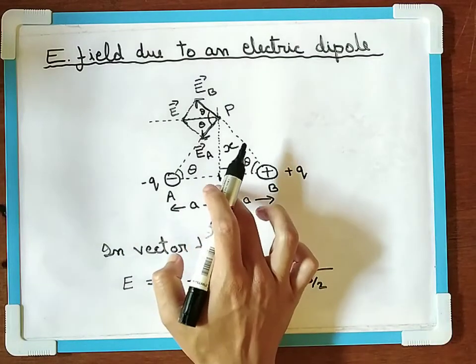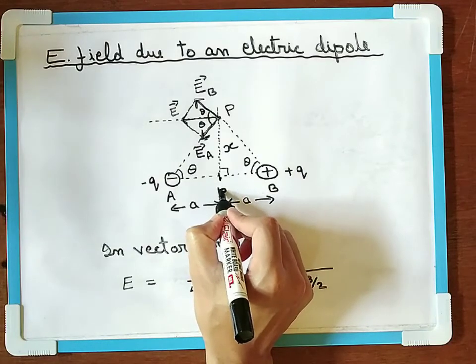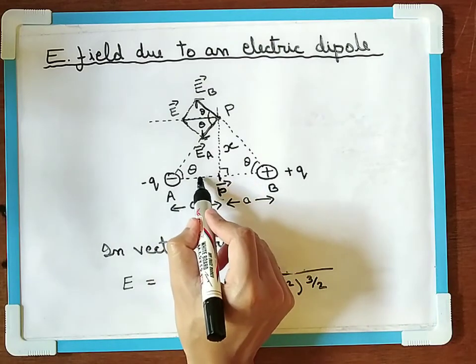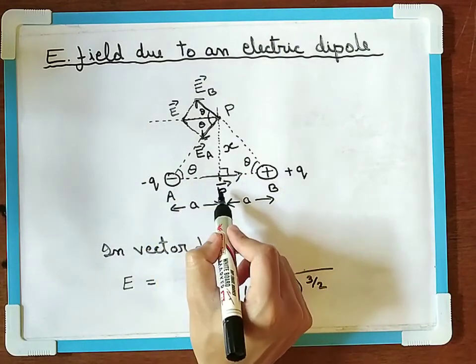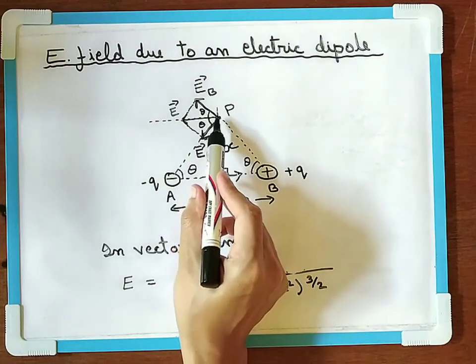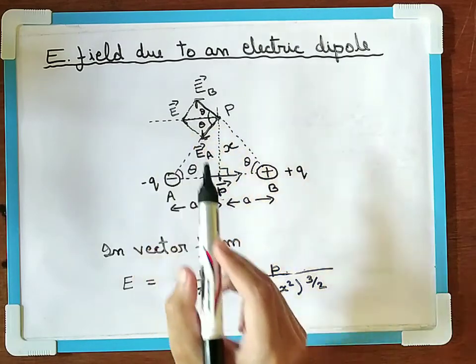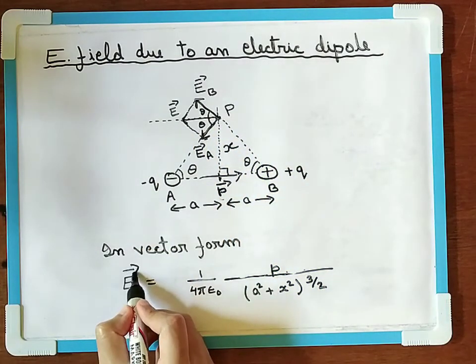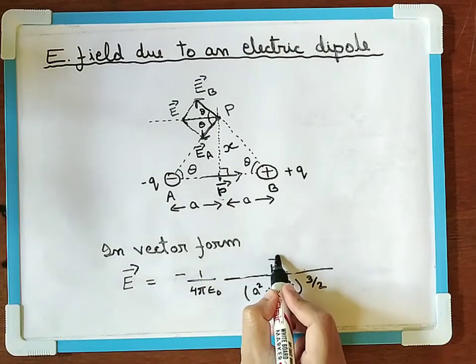So your dipole moment p vector is directed from minus q to plus q, and you can see that E is opposite to p. So in vector form you have E vector, then I'll put minus, then you have p vector.